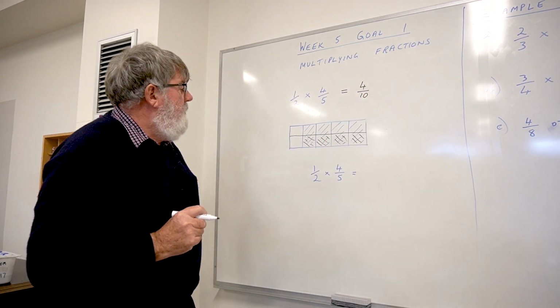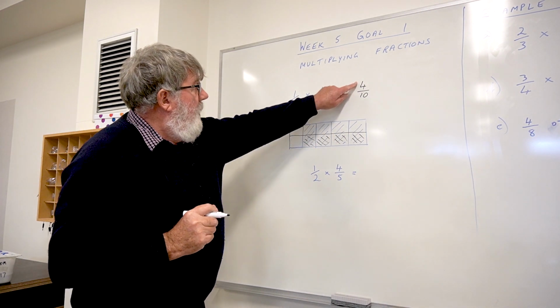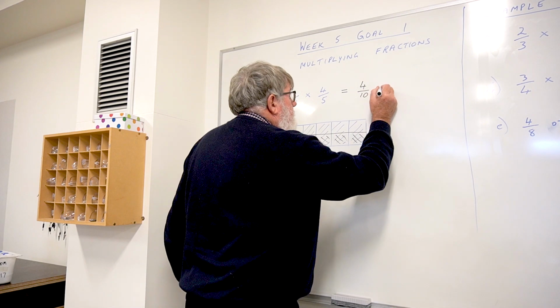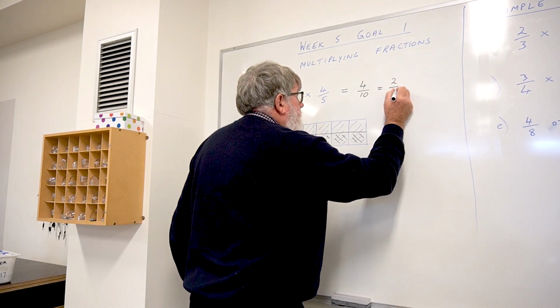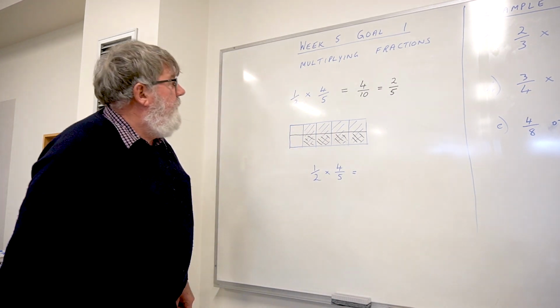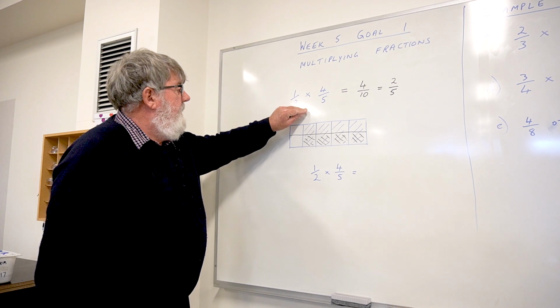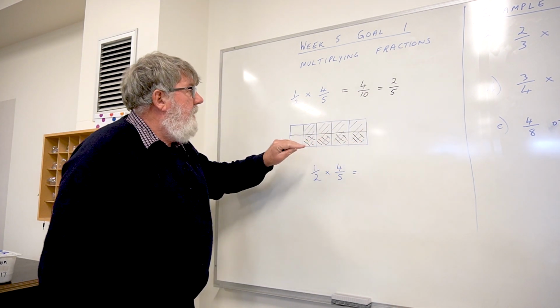And you would remember from your work on simplifying fractions that 4 and 10 have a common factor of 2, so this can be simplified by cancelling down to 2/5. So 1/2 of 4/5 is 2/5. Fairly simple sum, fairly long-winded way of working it out.